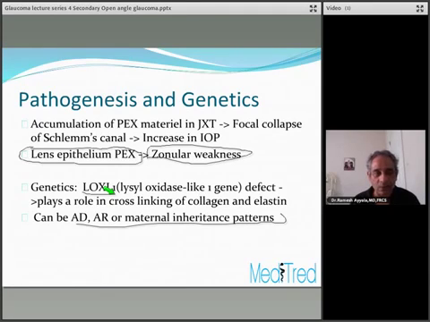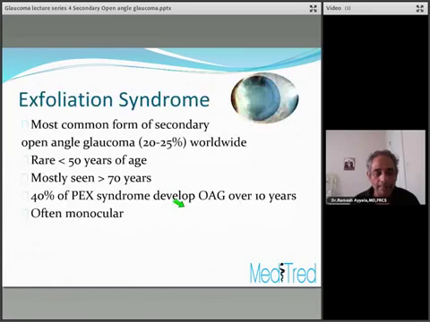This LOXL1 gene plays a role in cross-linking of collagen and elastin, and of course, a defect in this combination could lead to zonular weakness and also subsequent damage in the juxtacanalicular outflow pathway systems.